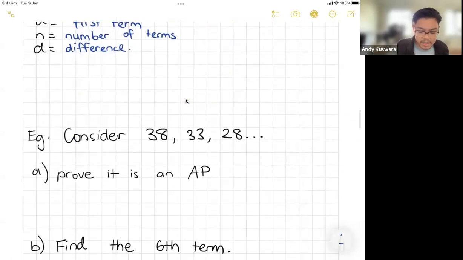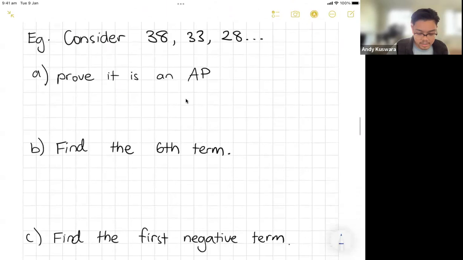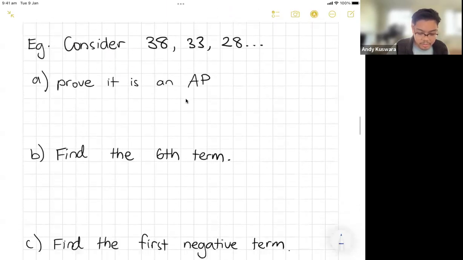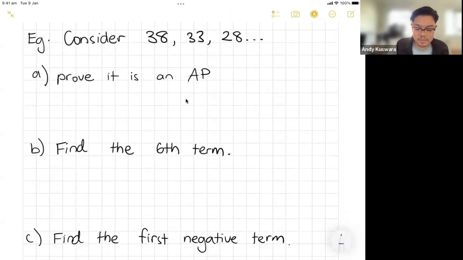Now let's take a quick example. I've got 3 parts to this question. Consider the series 38, 33, 28, and it continues. Side note: you always need 3 terms minimum before you can define whether there's a pattern. 2 is not enough, because there are lots of different ways we can get from 38 to 33.